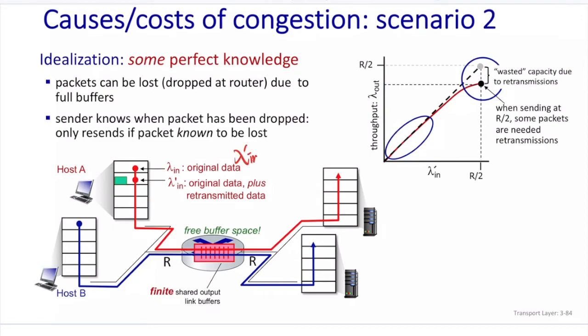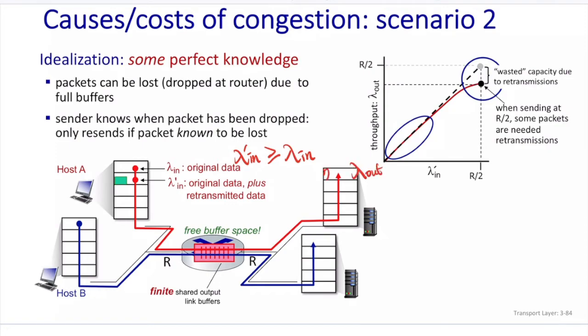Lambda prime n should be larger than lambda n, because TCP needs to retransmit the packet you magically know is lost in the router. So lambda n prime is now larger than lambda n in these cases.